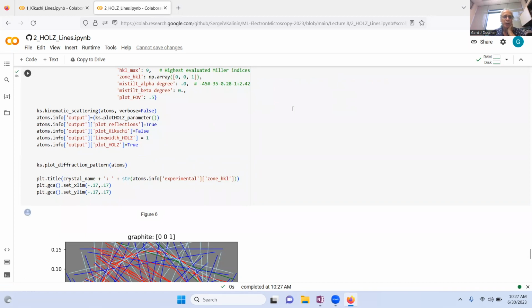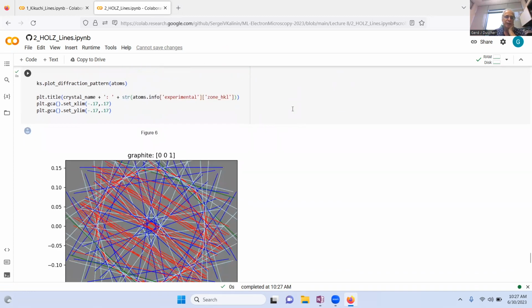What we want to do is we want to look at that. Okay. Maybe if I do this, then it doesn't activate it.